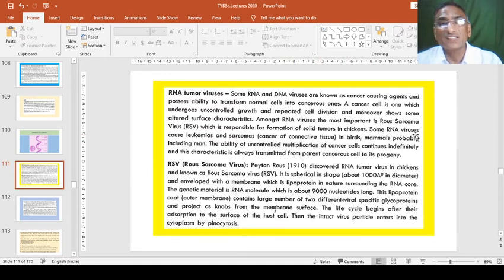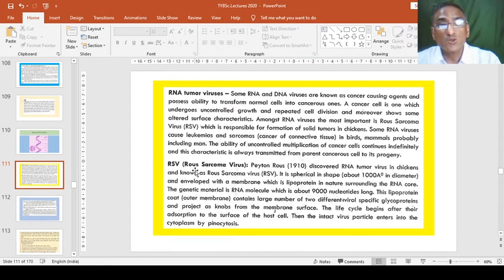Some RNA viruses cause leukemia and sarcomas, cancer of connective tissues, in birds, mammals, probably including man. The ability of uncontrolled multiplication of cancer cells continues indefinitely, and this characteristic is always transmitted from parent cancerous cell to its progeny.